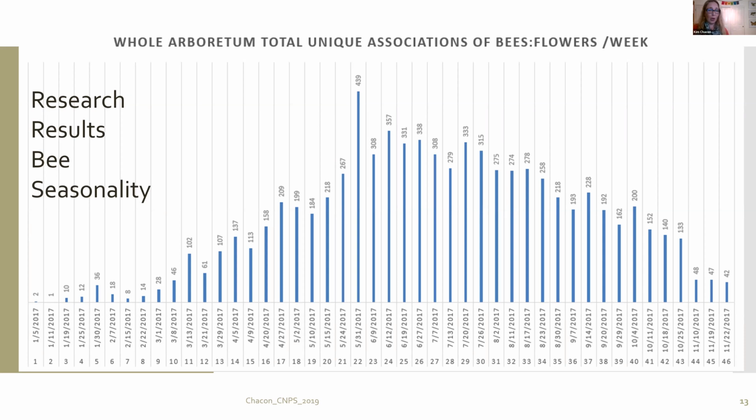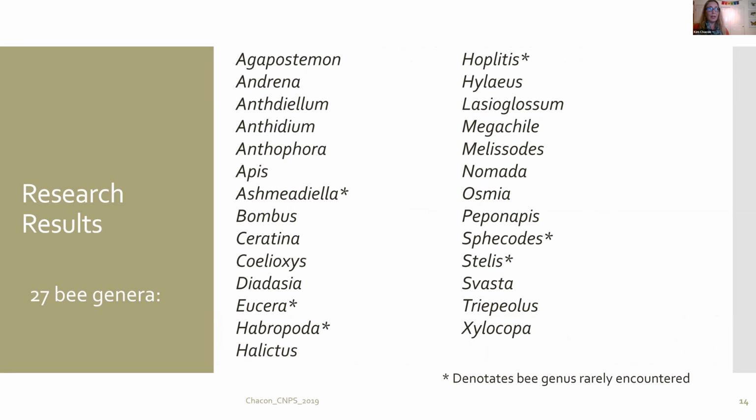But just so you know, the bees do have this annual cycle that mirrors a lot of the plants as well. These are the bee genera that I did find in Davis. The ones with asterisks were rarely seen. So, you know, all of the other ones were much more commonly seen. And I will give you, there will be another slide which shows more of the correlation between them, okay?